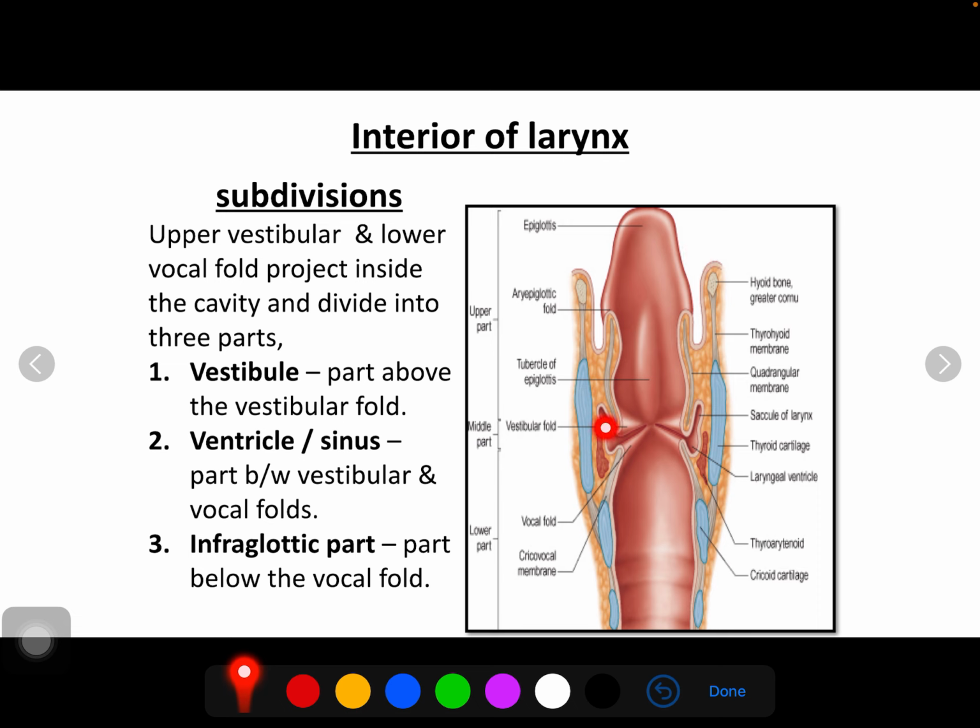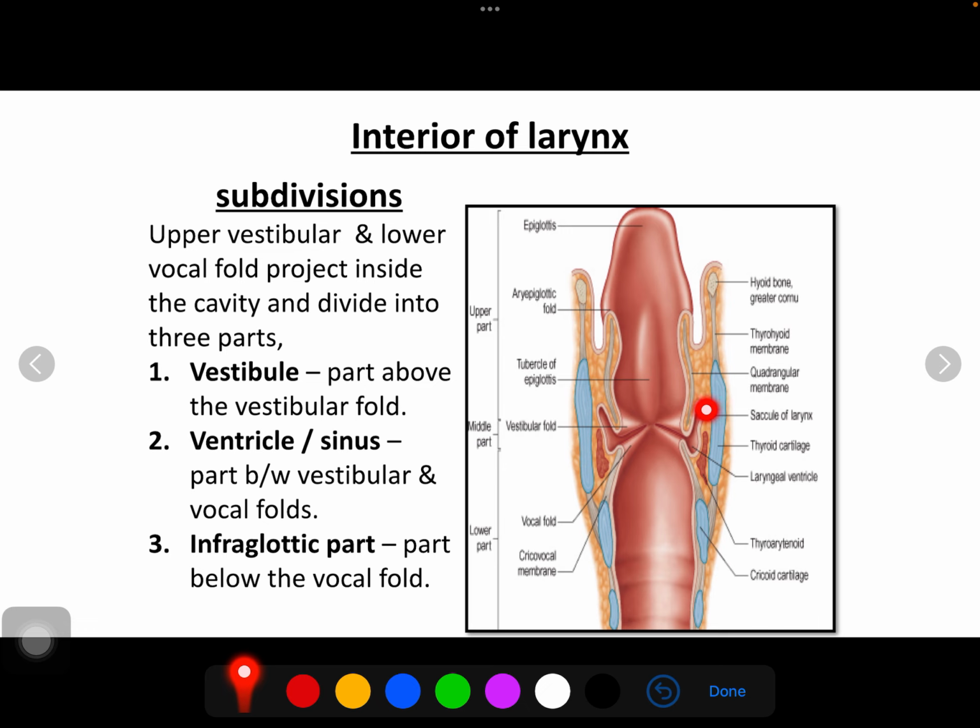The next one is called the sinus of larynx or ventricle of larynx. It is a deep space between the vestibular and the vocal folds and extends for a short distance above and lateral to the vestibular fold.